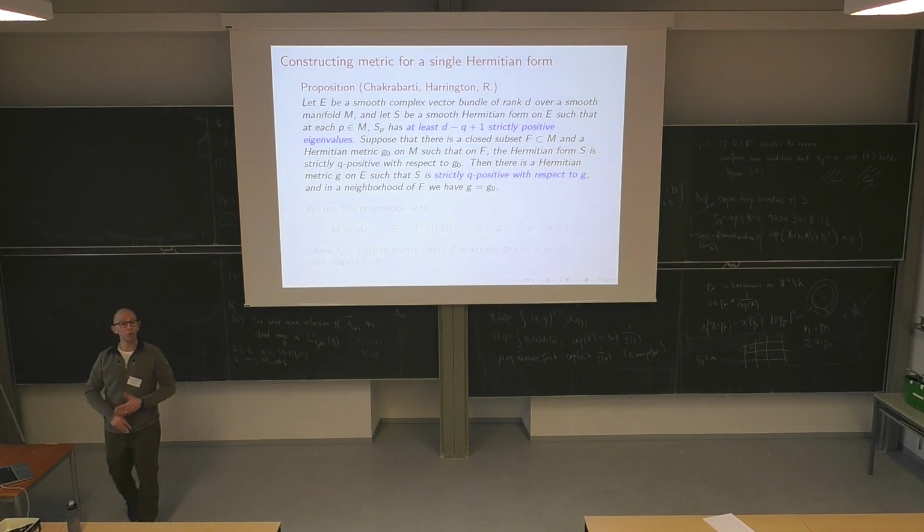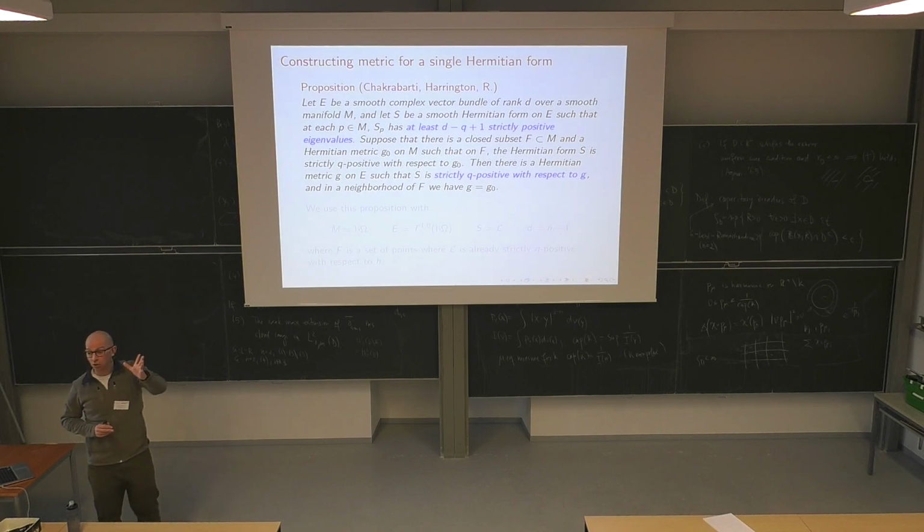So here's what we proved, if we're constructing a metric that's good for a single Hermitian form. We have a smooth complex vector bundle E of rank d over a smooth manifold M, and S is a smooth Hermitian form on E, and at each point S_p has at least d minus Q plus 1 positive eigenvalues.